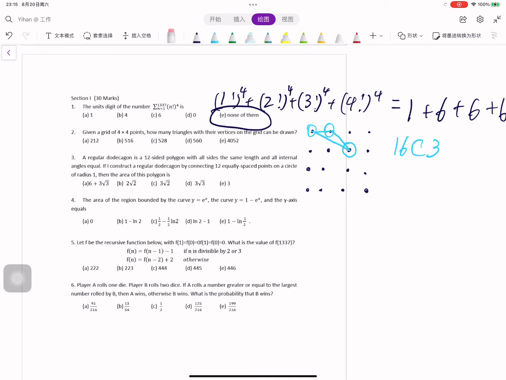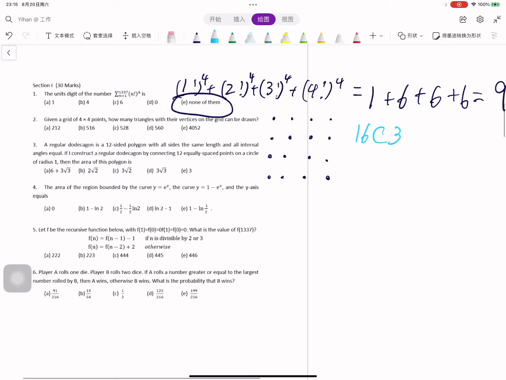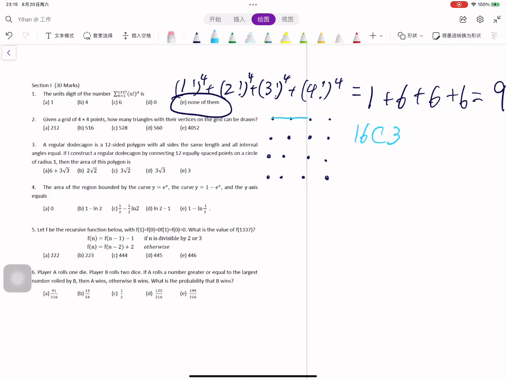And as we can see, there are some points that cannot form a triangle like this. We need to minus them. And how to calculate them, like we have this one, and we have 4 in, like we can choose these 3, so there are 4 possible situations, and 4, 4, 4, 4.